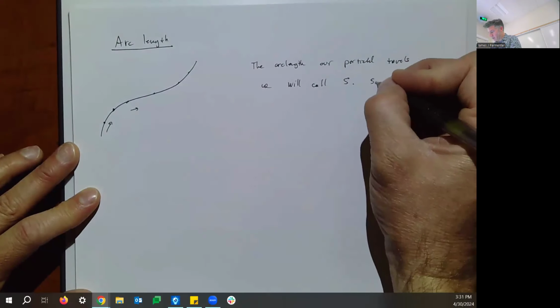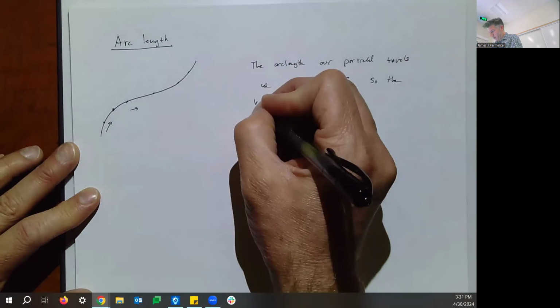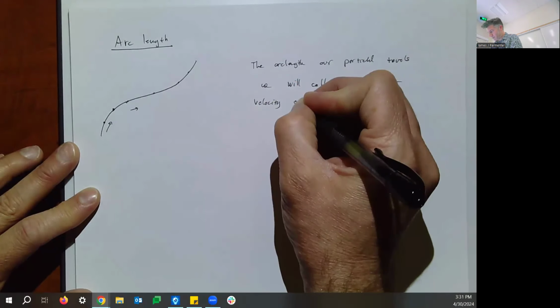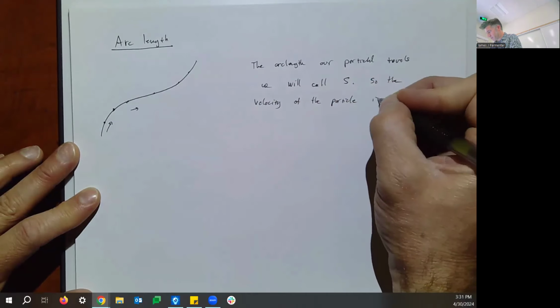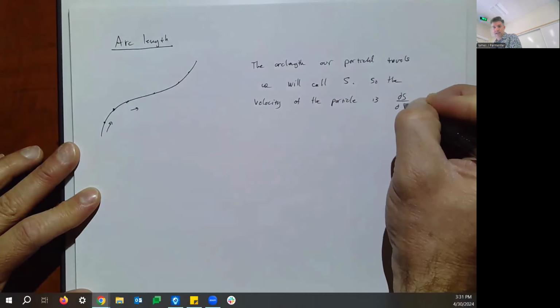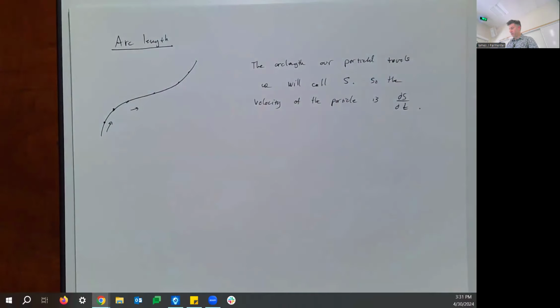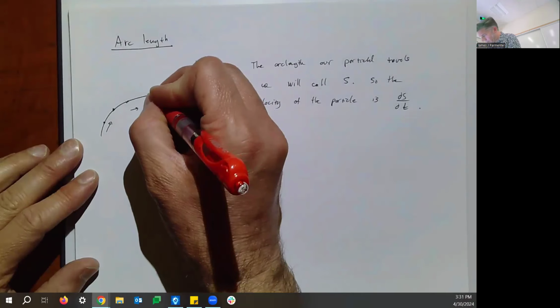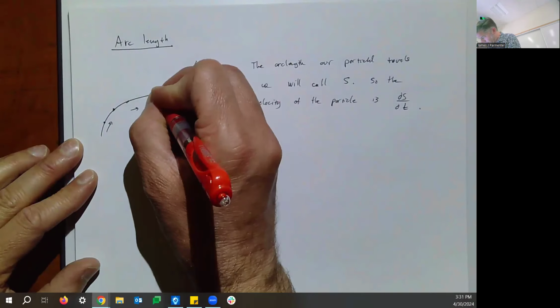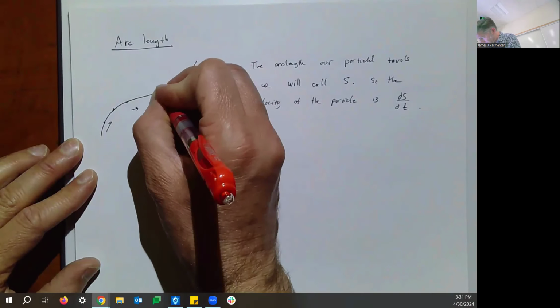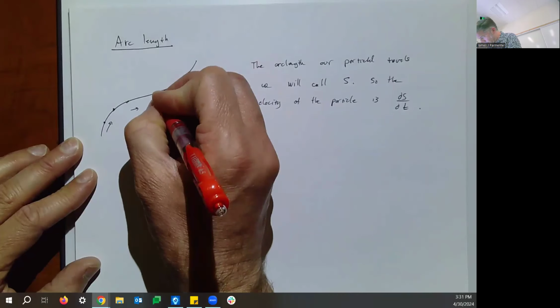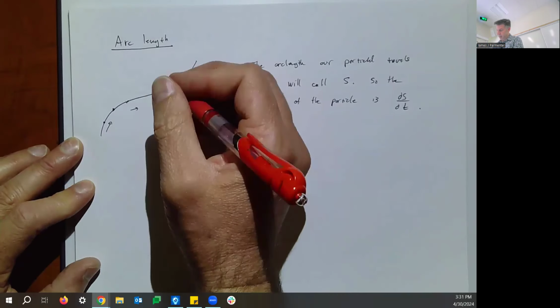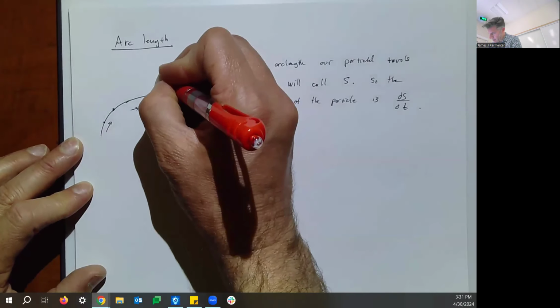So the velocity of the particle is the derivative of S, ds/dt. And if we zoom in on just a tiny little portion of this, maybe we look at this little segment, and think about trying to find the length of this small change in S. Let's call that ds/dt.